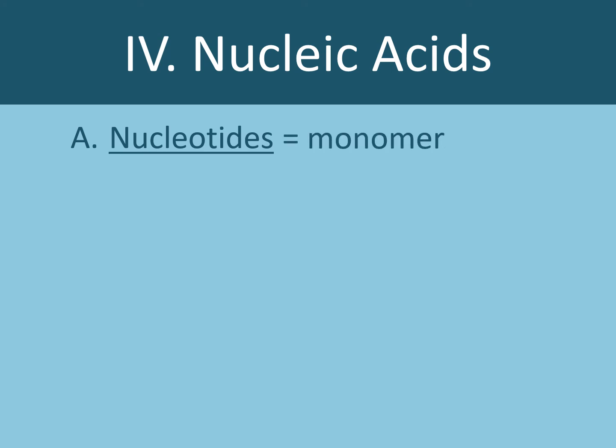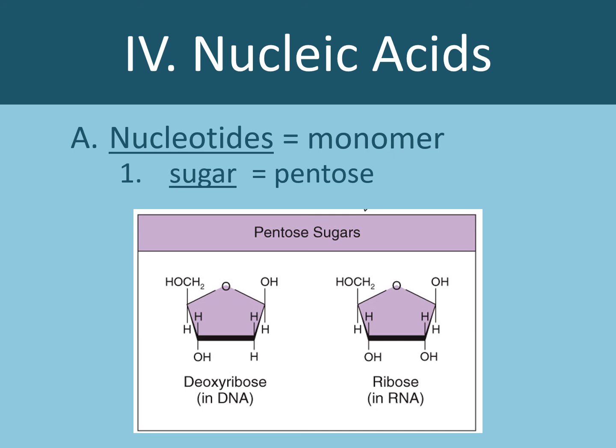Nucleotides are composed of three parts. One part is a sugar shaped like a pentagon known as pentose. There are two pentoses, deoxyribose and ribose. Deoxyribose is found exclusively in DNA. In fact, the D in DNA stands for deoxyribose.